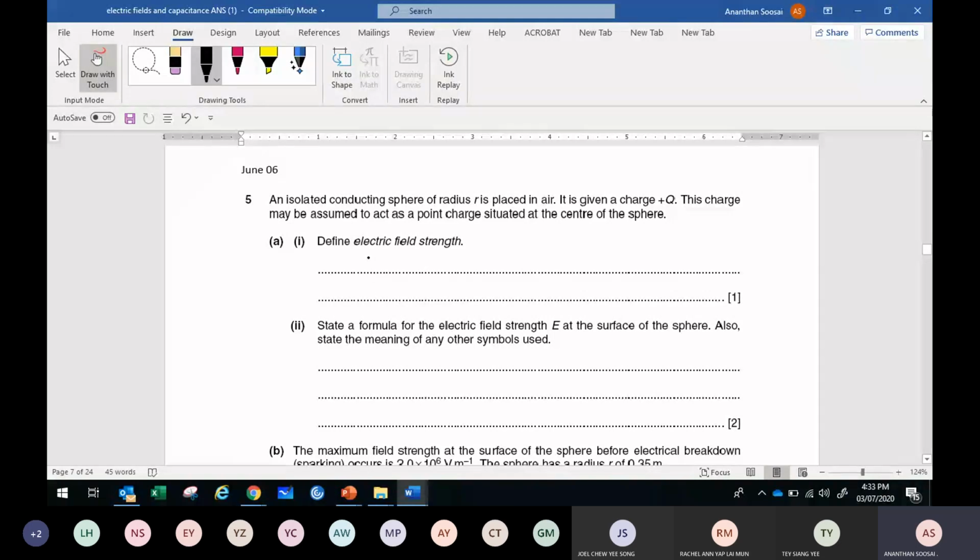You know that, right? In AS itself. So electric field strength is what? Force per unit positive test charge. Don't miss the word positive. Okay. 2.